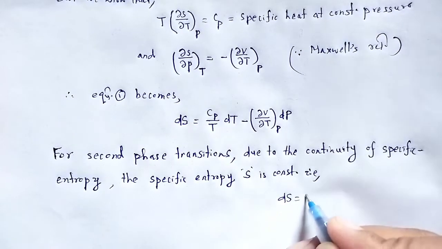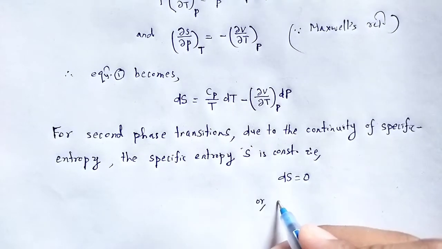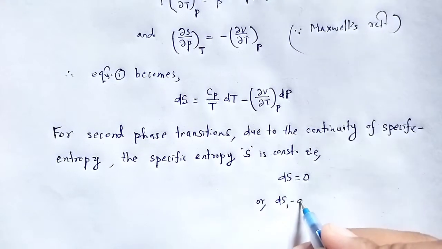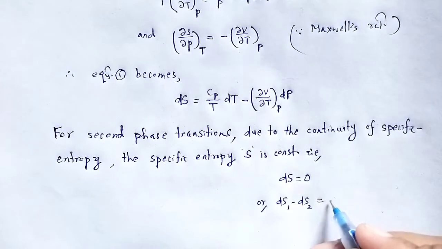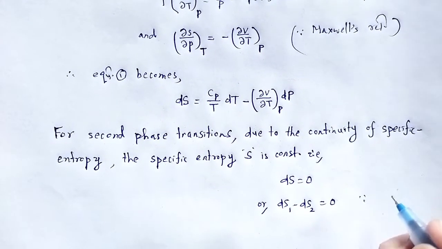dS will be 0, change in entropy, that can be written like this: dS1 minus dS2 is equal to 0, where we consider 1 and 2 correspond to 2 phases.